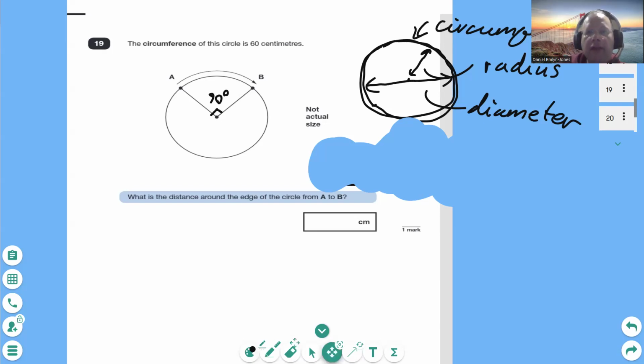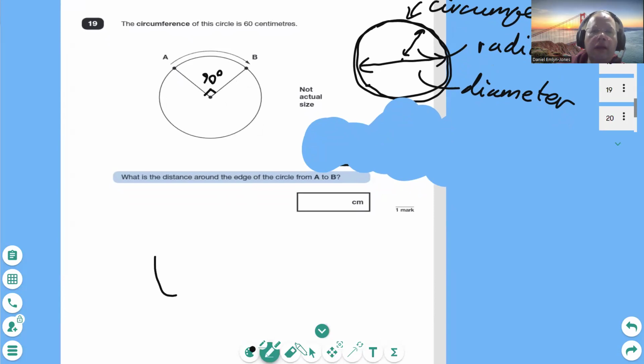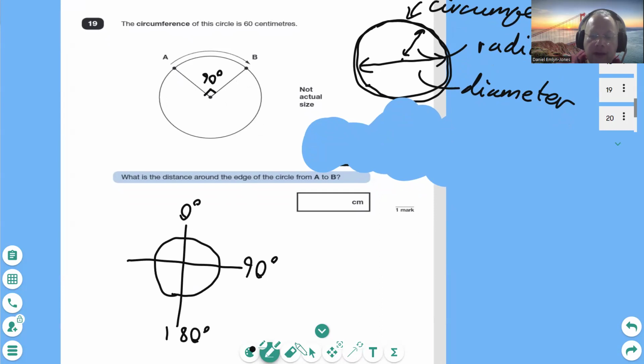How many 90 degrees are in a full circle? That's 0 degrees, that's 90 degrees, then 180 degrees is a straight line, and then 270 degrees. So 90 degrees is a quarter of a whole circle.